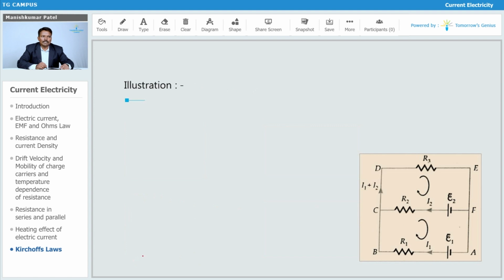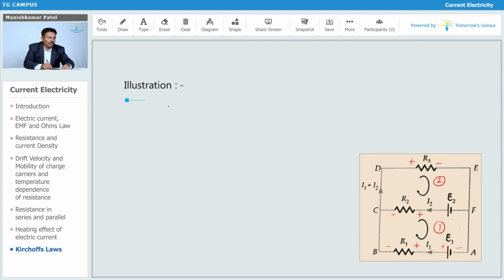Now, for this example, there are two loops, let's say this is the first and this is the second. Write the direction of current according to the sign convention, plus and minus. Now trace the first loop in any direction. Let's say I trace it from the AB part, which is minus to plus.